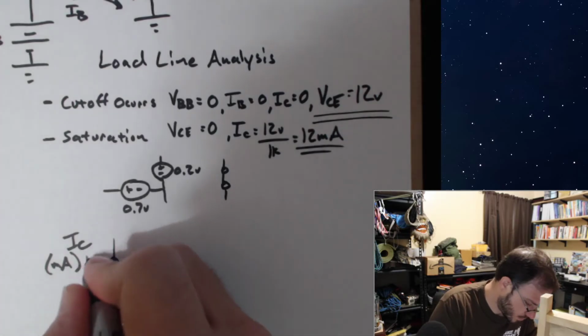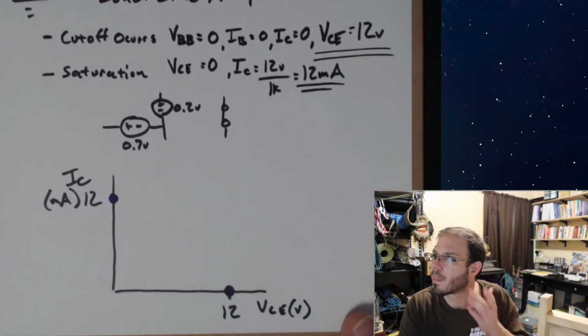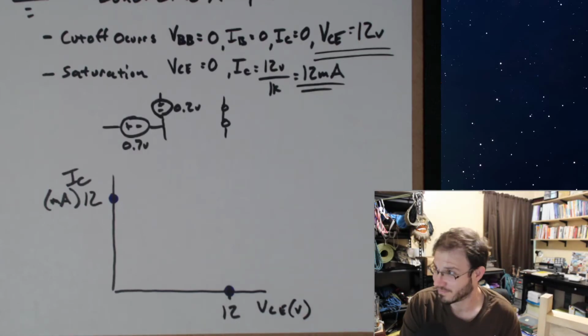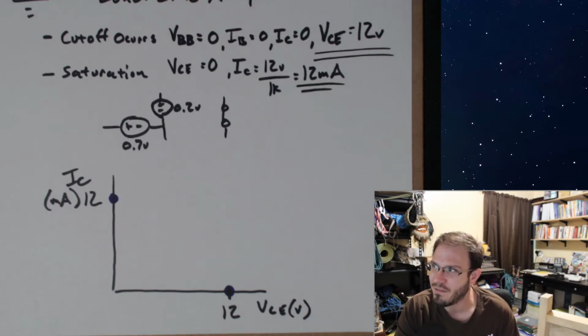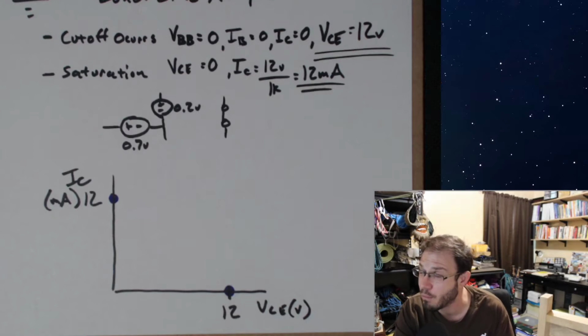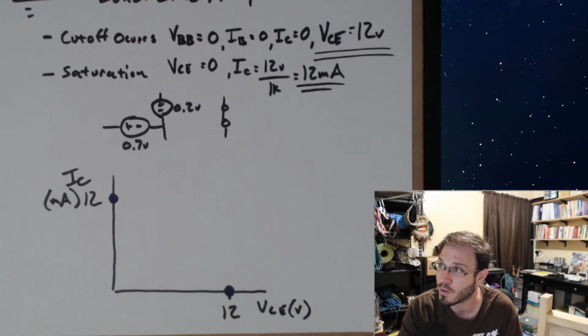So for saturation mode, is all the power being dissipated in that resistor above the transistor? Yeah, that's the nice thing about having a better transistor with a lower saturation voltage, is that I can dissipate more power because I have less voltage drop across the terminals, right?